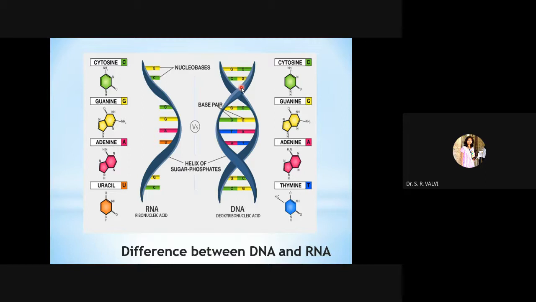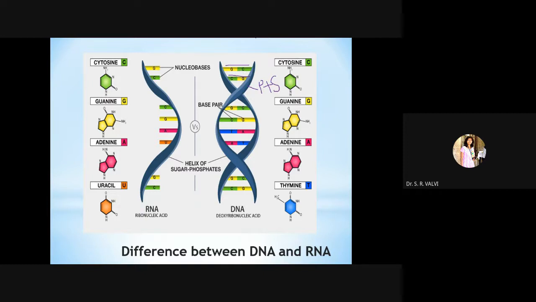Only remember what the backbone is made up of. A backbone or a strand is made up of phosphate and sugar, as I said earlier, and attached to them are the nitrogenous bases.